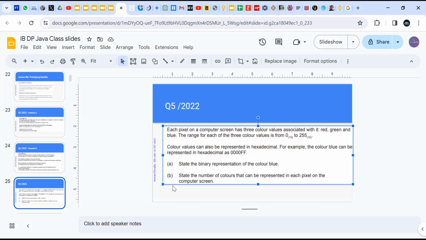Okay. And what is the color depth? Did you hear about this term before? Yes, I've heard of the term before.